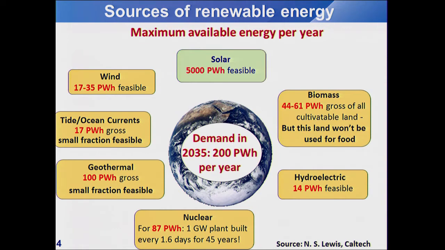Some of them come from hydroelectric power, biomass, nuclear, geothermal. But the main problem with using these types of sources is that they are limited, and the amount of energy which can be extracted from them is really small compared to the demand we're facing in the future.